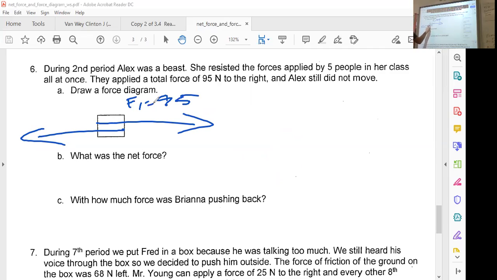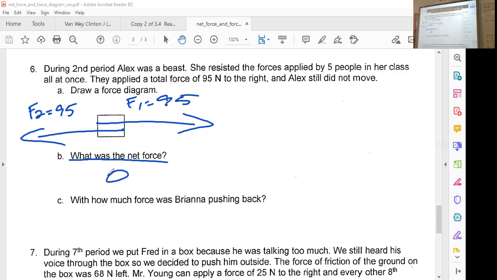Well, she has to pull 95. If she doesn't change her motion, if she doesn't move, then she must have pulled the same amount the opposite way. Okay, we know this because to not move, not change your motion, to be more specific, the net force has to be 0.